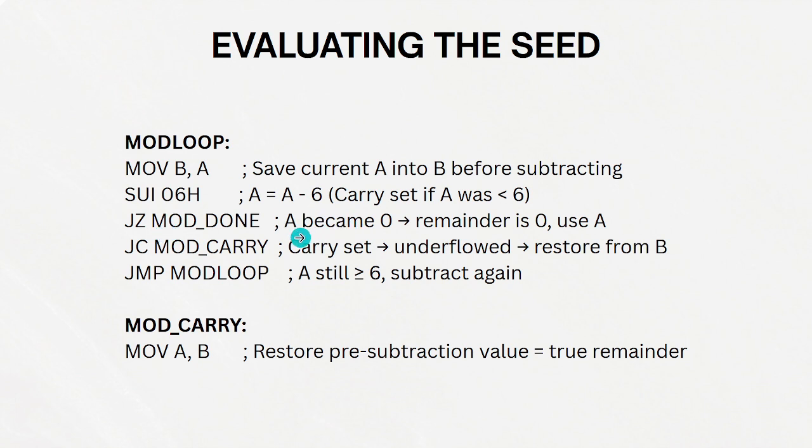Now, if the remainder becomes 0, then we can simply use the mod done loop, or if our remainder is actually not 0, if it's some value between 1 to 5, then we'll use the mod carry loop. So the mod loop here simply is just a jump so that we get a for loop out of this.